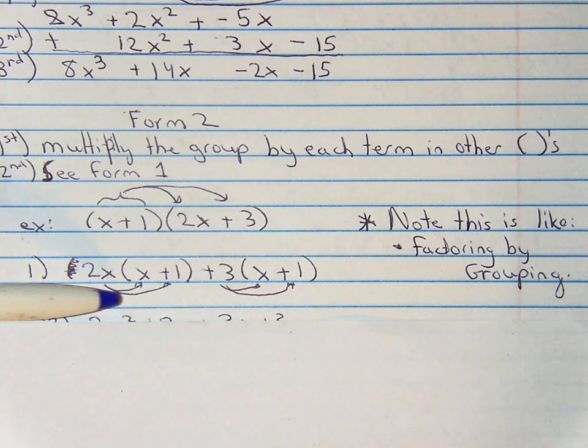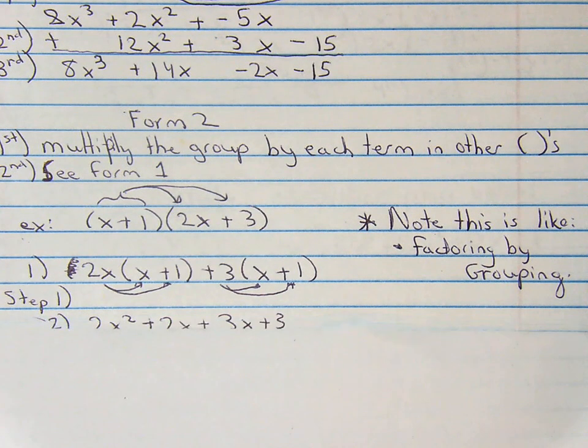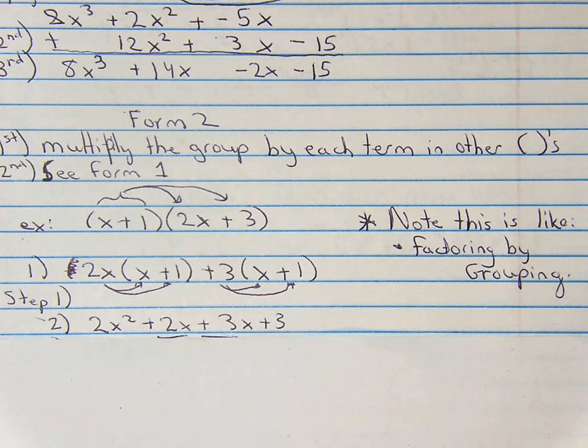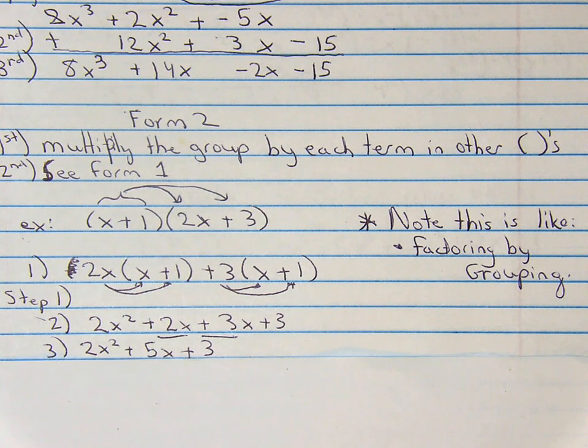Step 1, multiply each term by every term in the parentheses. Over here, the same thing. So we get that, and that. We then combine like terms and make sure it's in standard form.